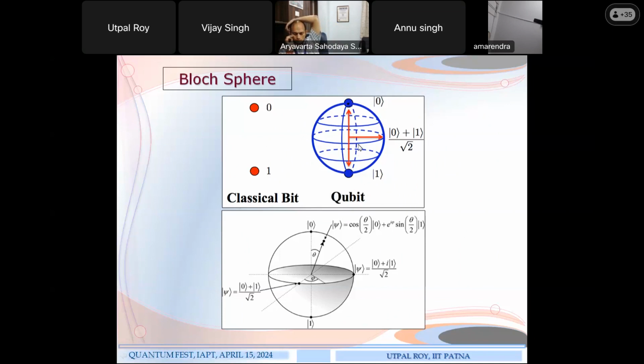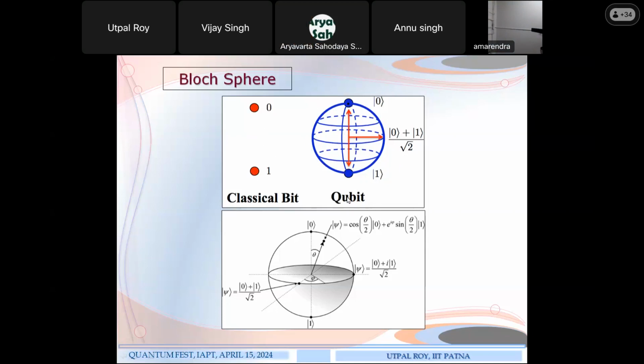How many points can you have on the surface of the Earth? That is infinity, right? And each and every point can be one piece of information in a quantum system. So an infinite amount of information can be stored in one qubit, whereas in a classical bit you have only 0 and 1. You do not have any combinations.